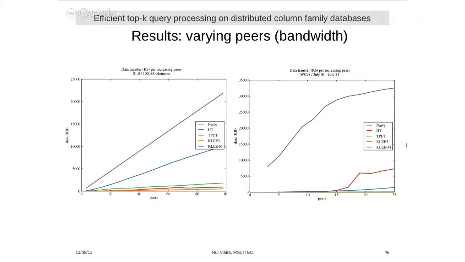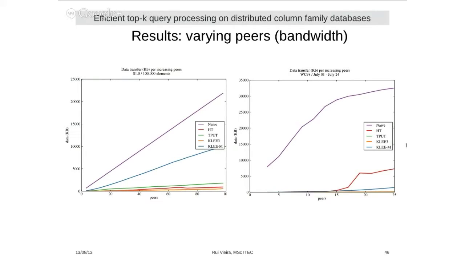Now with varying number of peers. We can see that naive, of course, grows linearly with the data set, and KLEE3M also grows a lot, and all the other algorithms also grow, but they have a sustainable growth. 100 peers is quite a lot of peers for real-world scenarios.